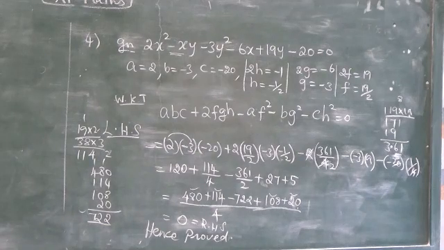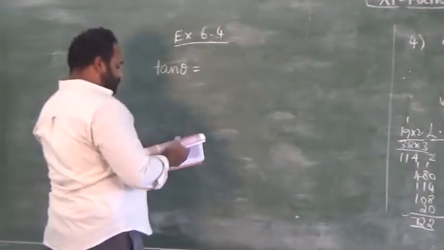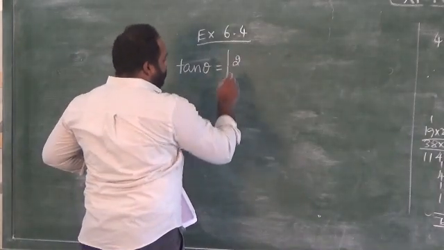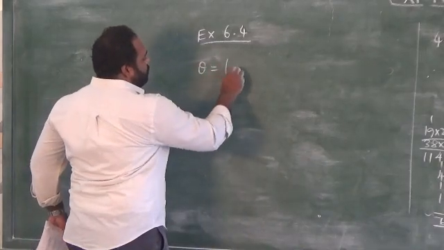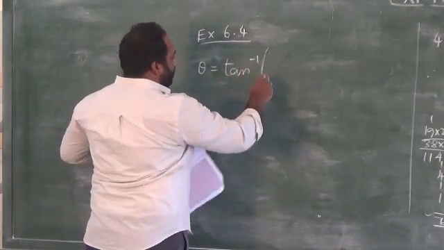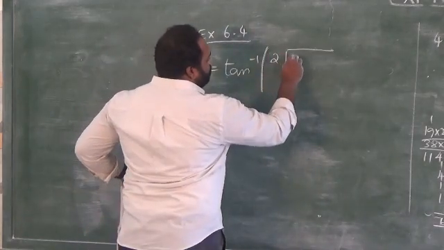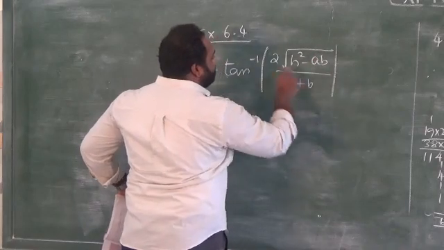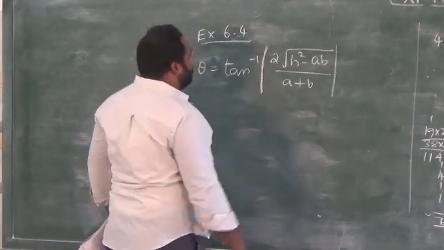So theta equal to tan inverse of modulus 2 root of h square minus AB by A plus B. This is the formula, a continuation in the fourth problem.